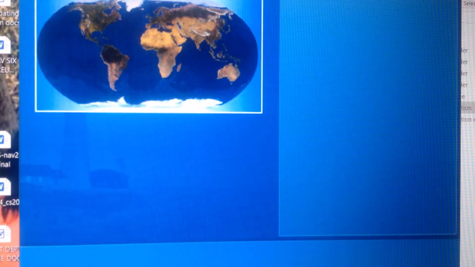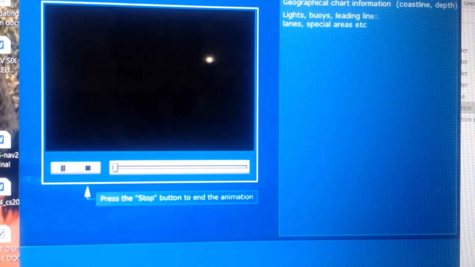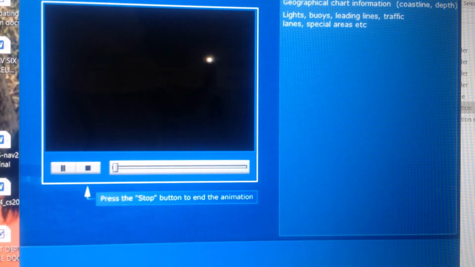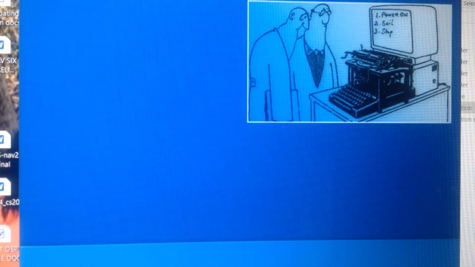ECDIS information may include geographical chart information, lights, buoys, leading lines, traffic lanes, special areas, etc. It should be the aim of the presentation design and presentation standards to provide as much diversity and flexibility as possible, as long as the system remains simple and straightforward to use.